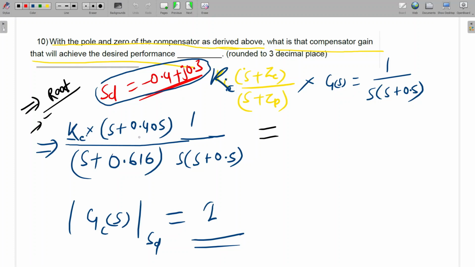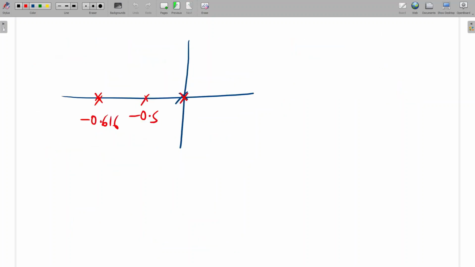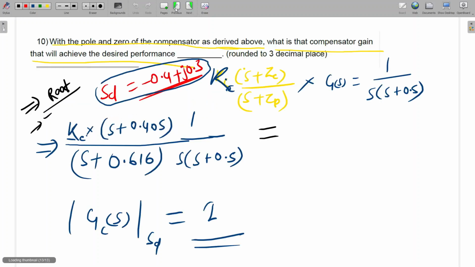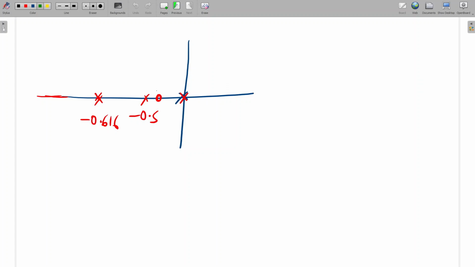The zero is at minus 0.405. So where will that be? Here will be that zero. So what will be the root locus? 0, minus 0.5, and this is minus 0.405.